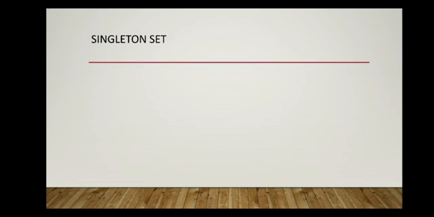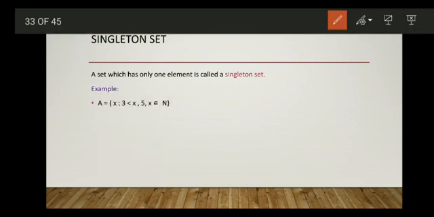Now we'll see what is a singleton set. If a set has only one element, then that set is called a singleton set. Example, A is equal to the set of all x such that 3 is less than x less than 5, where x belongs to the natural numbers. What are natural numbers?